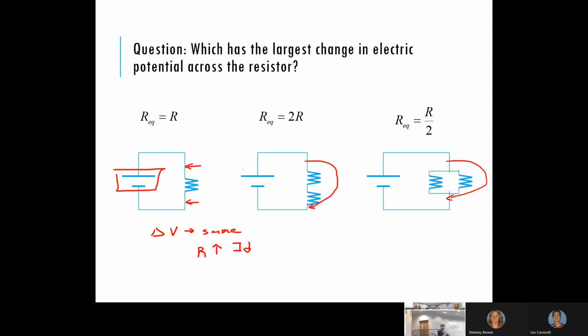The thing that changes is, oh, we could go further. You said highest current, second highest, third highest. Which battery is going to run out first? Which battery is going to die the fastest?